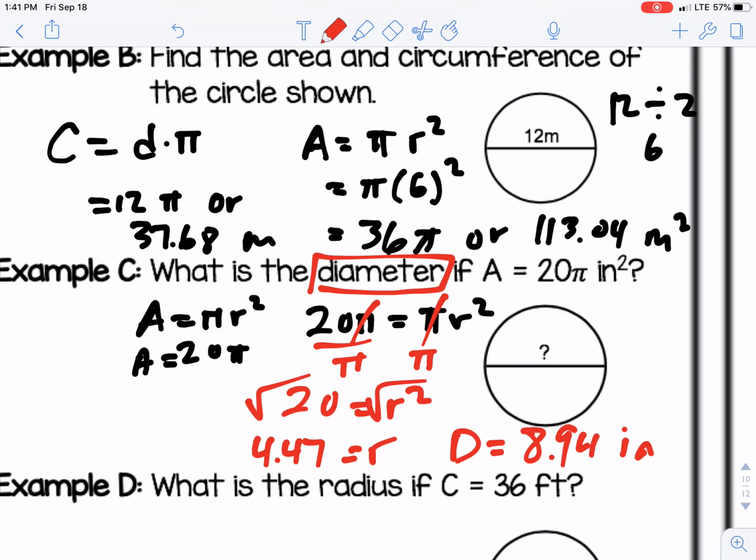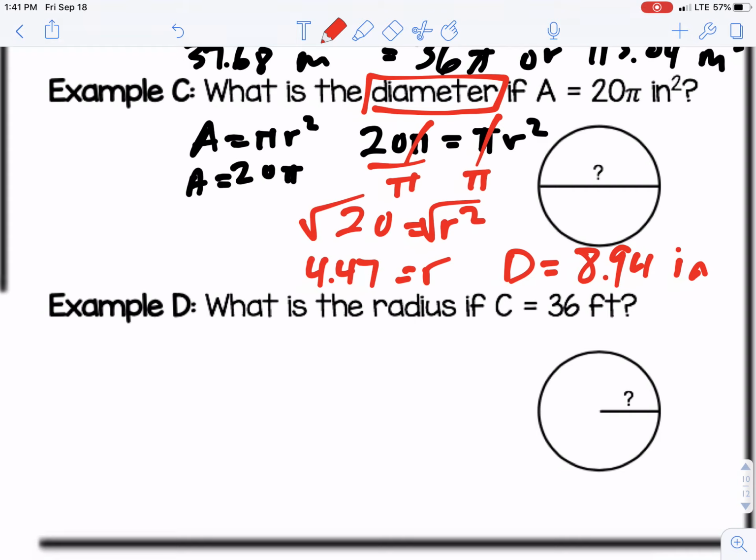Okay, this is saying what is the radius if C is equal to 36 feet? All right, well, C is circumference. We know that that's 2 times pi times the radius, 2 pi r. We also know the circumference is 36. So we're going to take both of those equations and set them equal to each other.